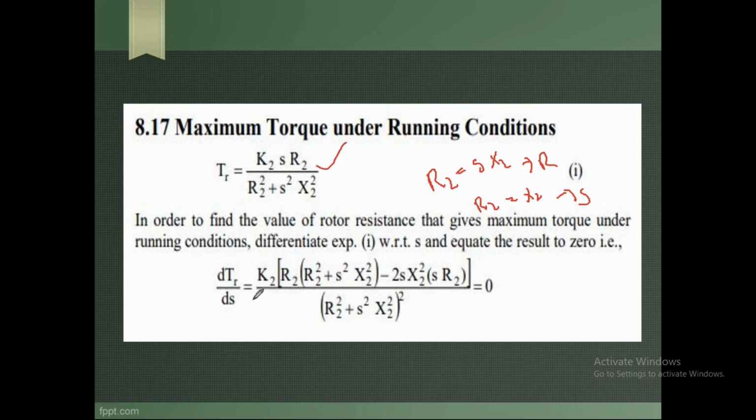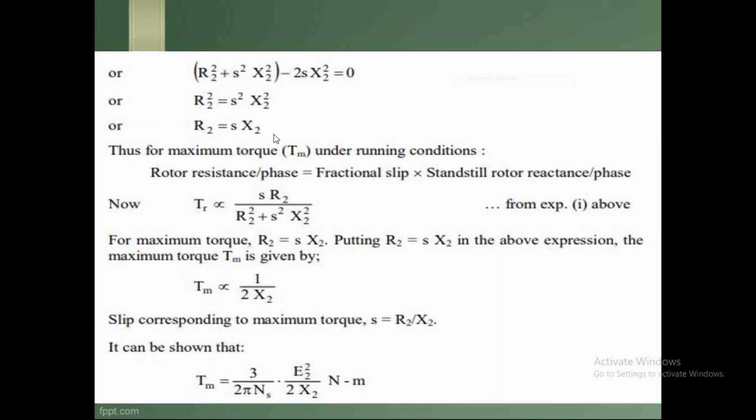If you apply differentiation with the U by V rule, you will get U into V dash minus V into U dash divided by V square, and it is equated to 0. After simplification of this equation, you will get R2 square plus X2 square minus 2SX2 square. So, the maximum torque under running condition: R2, the rotor resistance per phase, is equal to fractional slip into standstill rotor reactance.